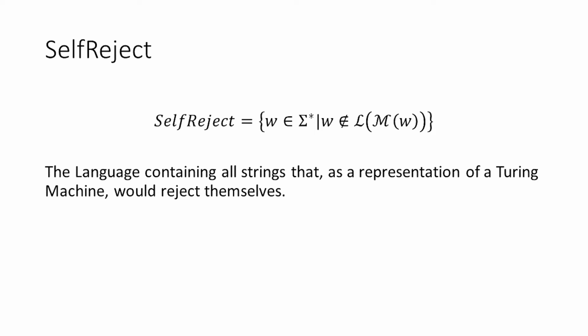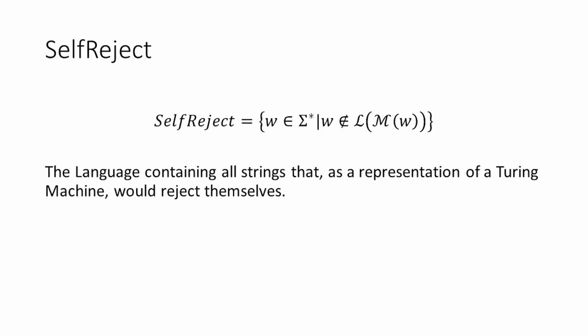So now with these two things, we have everything we need to define this self-rejecting language. The idea behind this self-rejecting language is it's going to contain the set of all strings that, when you consider them as a representation of a Turing machine, would reject themselves as input.